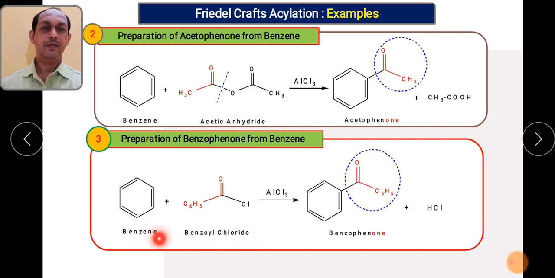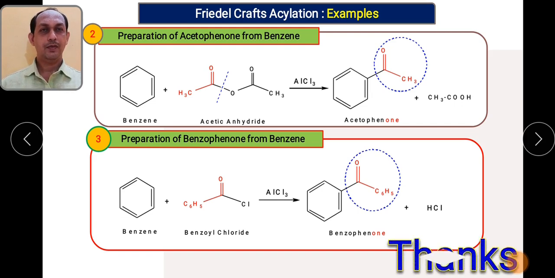So when benzene reacts with benzoyl chloride in the presence of AlCl3, we can prepare benzophenone. You can see the structure of acetophenone and benzophenone: in place of CH3, here is C6H5. So this is how we can prepare compounds from the family of aldehydes and ketones.